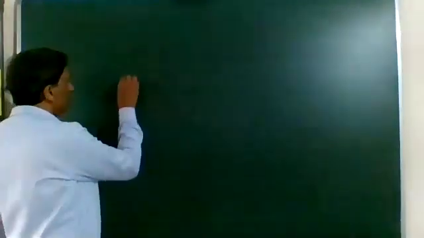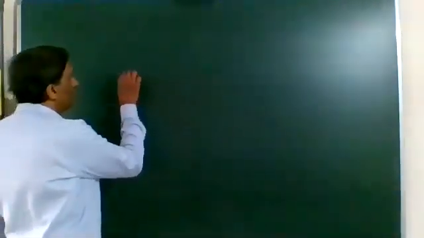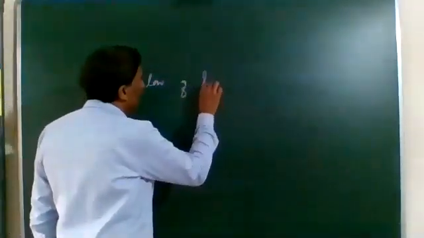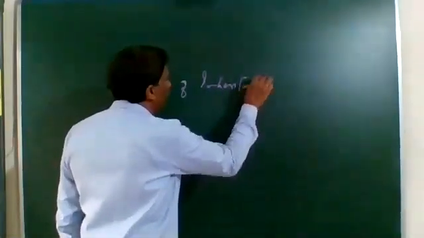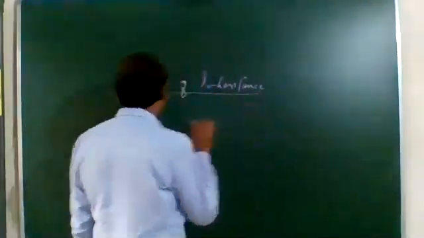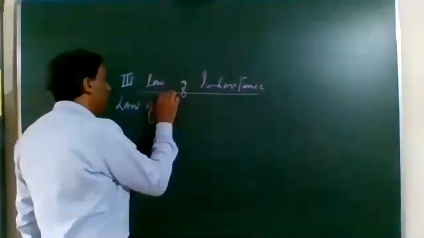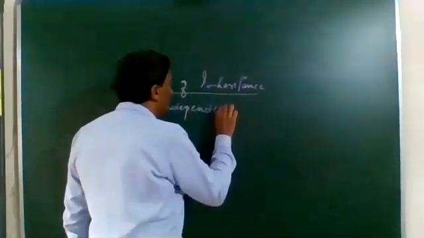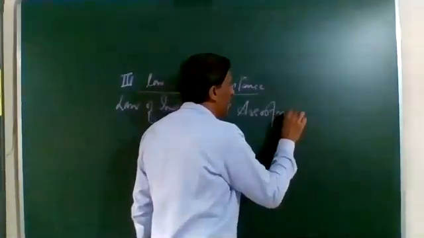The third law of inheritance is also known as the law of independent assortment.